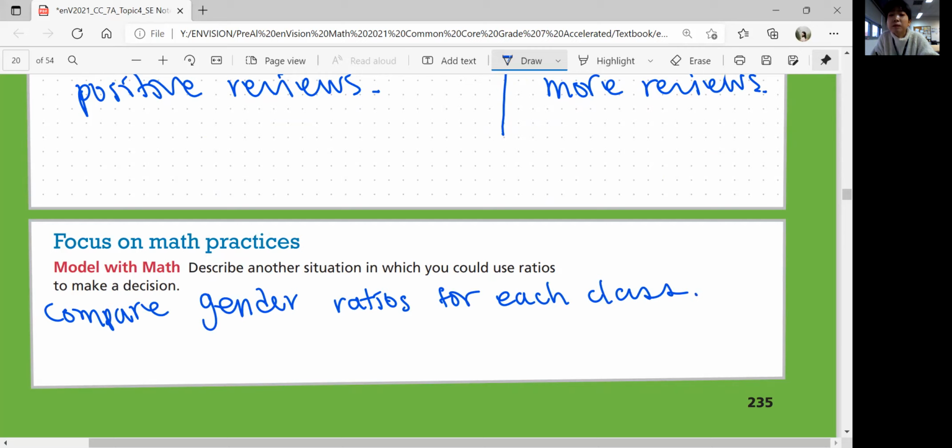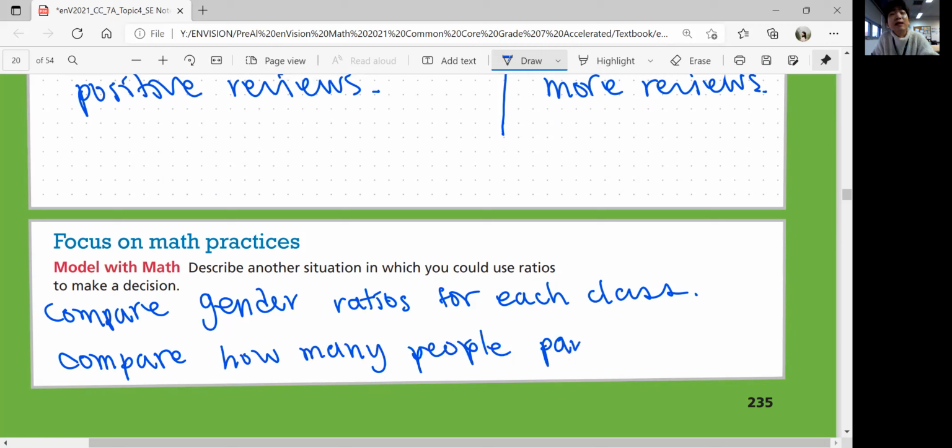Or what else? Ratio to compare. So usually you use ratios to compare. You can compare how many people participated in a survey by date or a year.